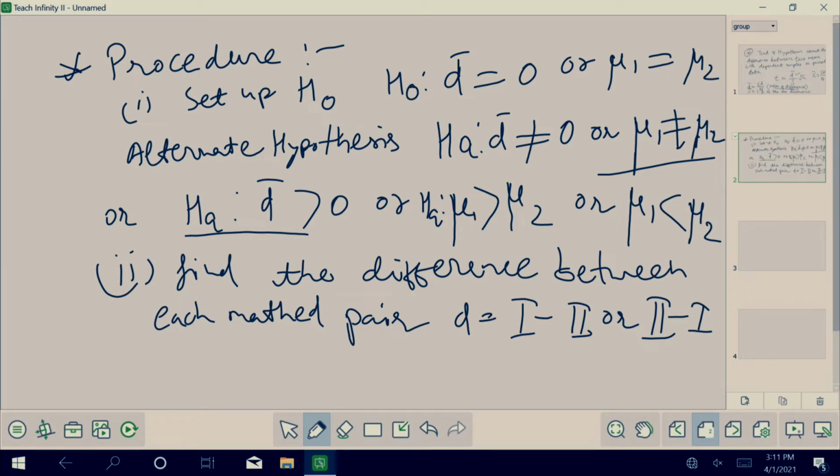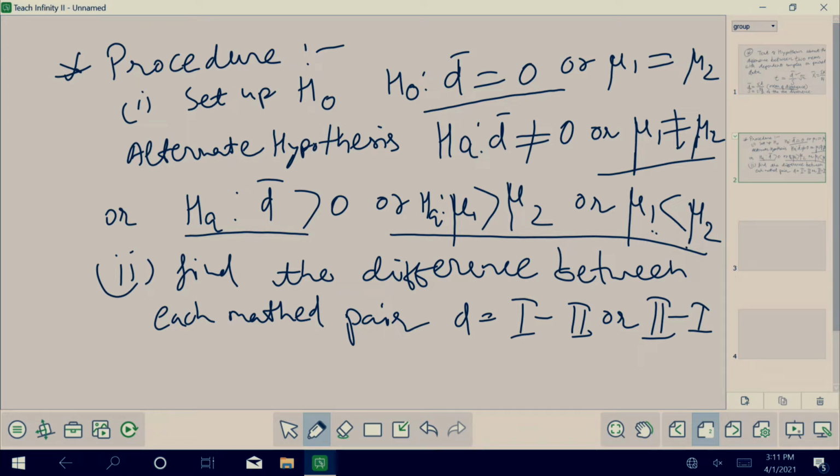So this is your null hypothesis and alternative hypothesis. Your null hypothesis is the same in both situations; if your alternative hypothesis is like this, it is a two-tail test. If your alternative hypothesis is like this, then it will be a one-tail test, right.